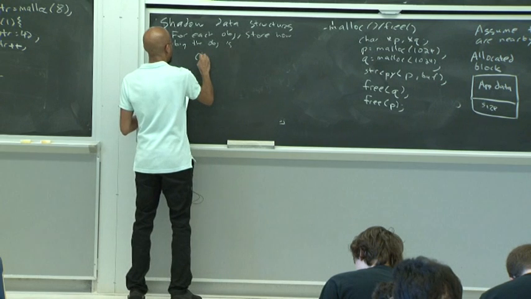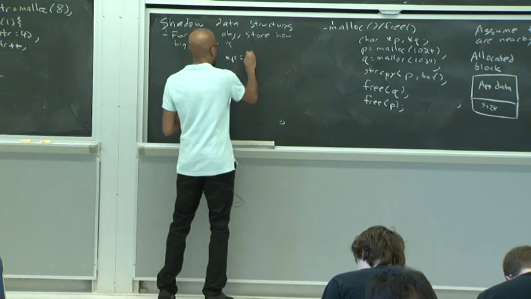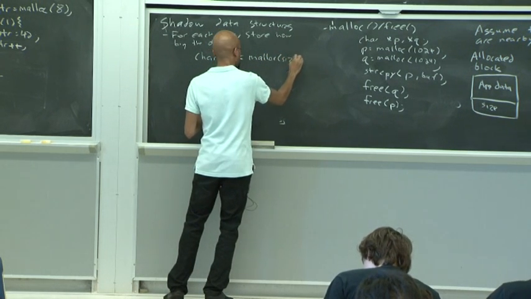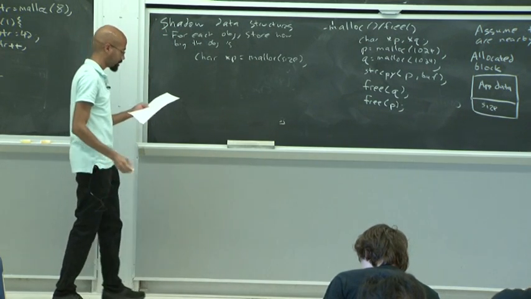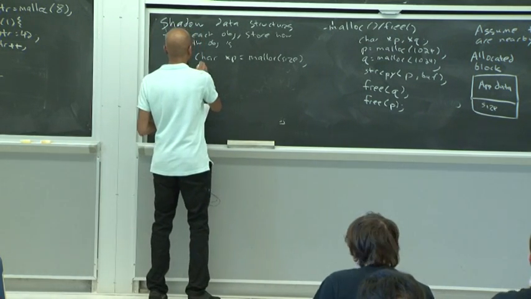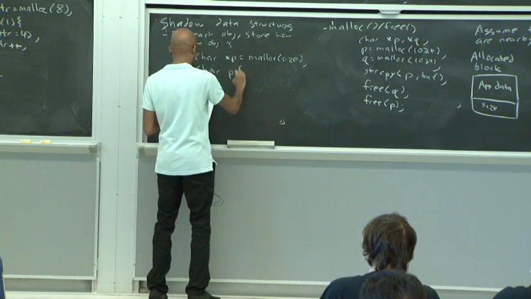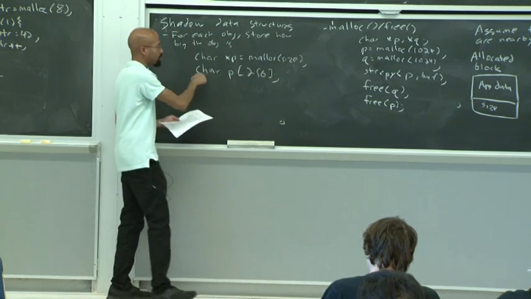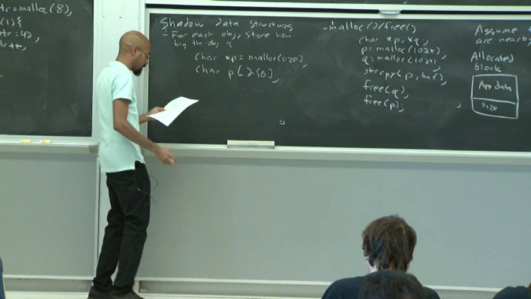So for example, if you have some pointer that you call malloc on, you need to store the size of that object there. And note that if you have something like a static variable, the compiler can automatically figure out what the bounds are for that thing, statically speaking.